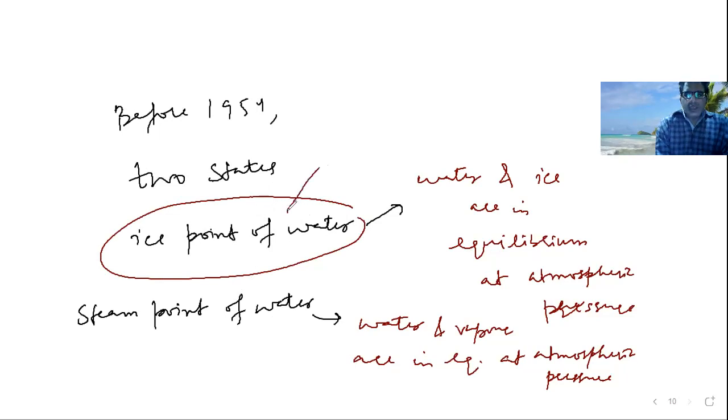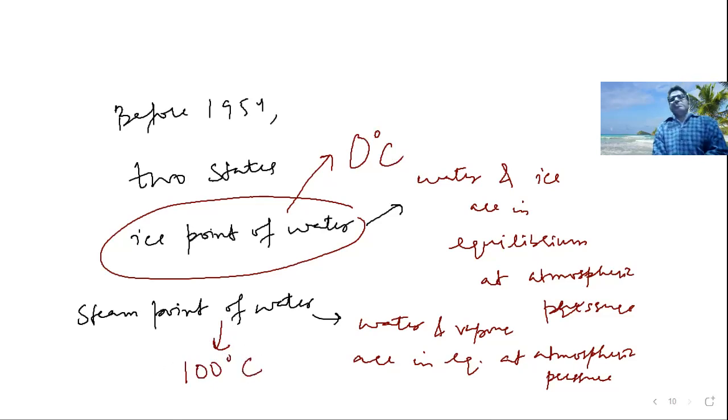Now, this state we arbitrarily label its temperature as 0 degrees Celsius, and we label the temperature of this state arbitrarily as 100 degrees Celsius. I repeat, my problem was like this.